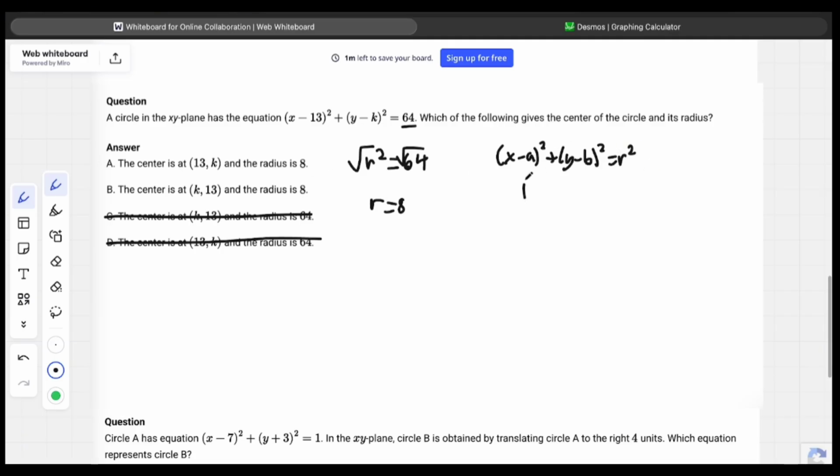Now, this a and this b are just our x and y coordinates, respectively. So the a here is 13, so that means 13 is our x coordinate, and k is our b, so that means k will be our y coordinate. So our center is (13, k), which means that our answer is A.